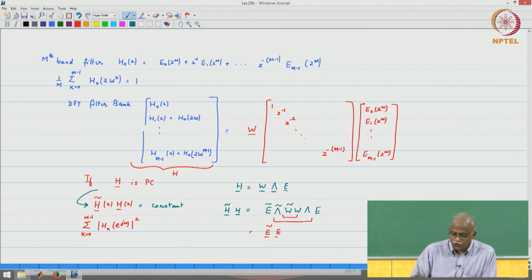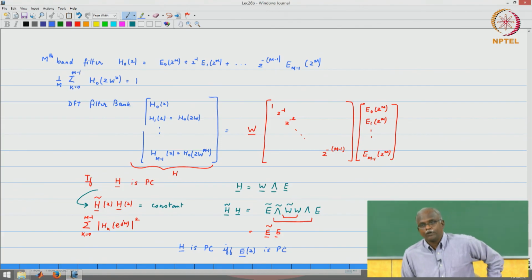So there is an important result: H is power complementary if and only if E of z is power complementary.